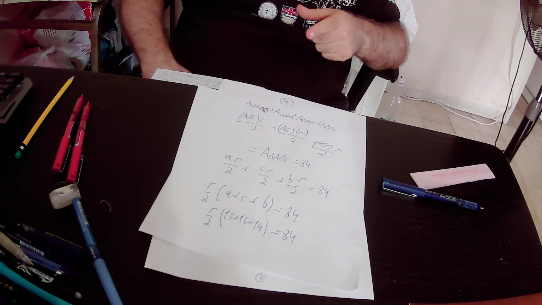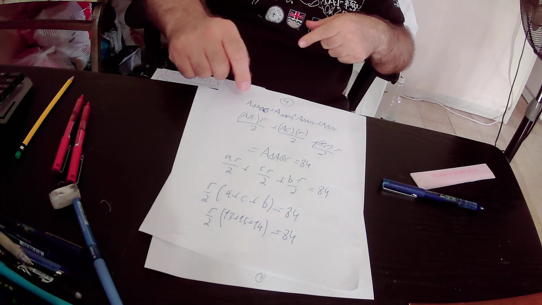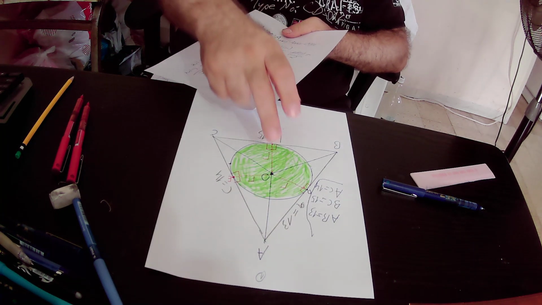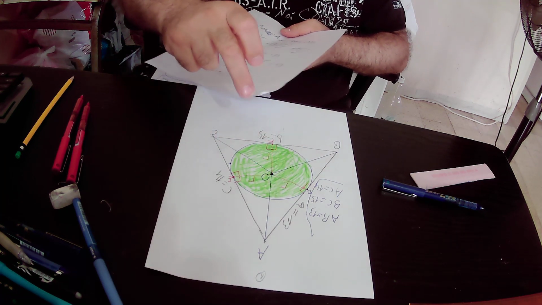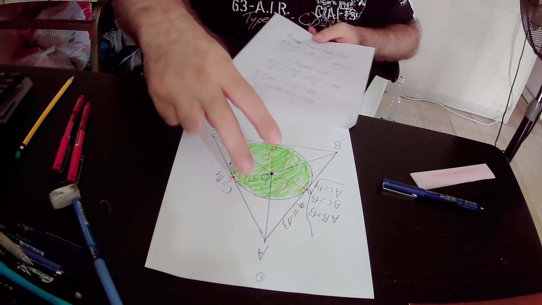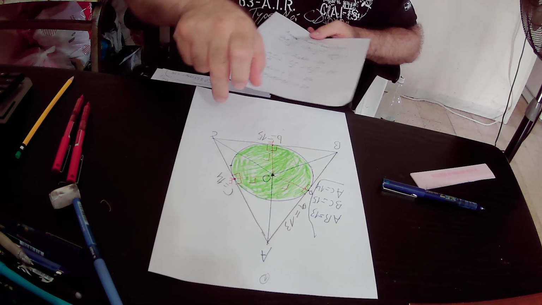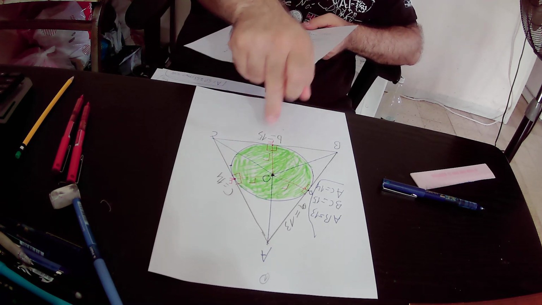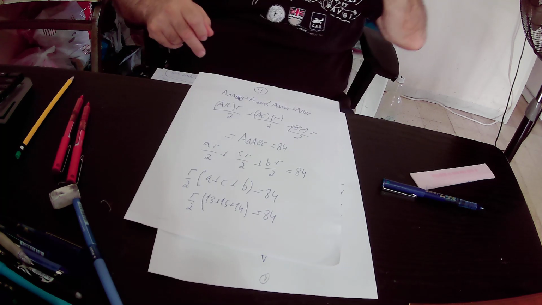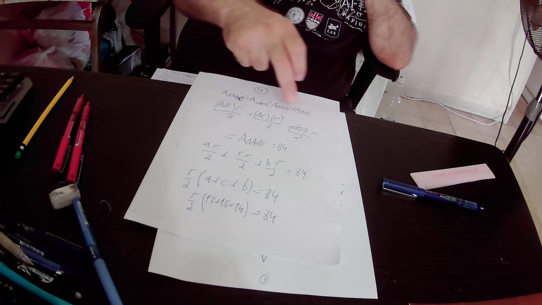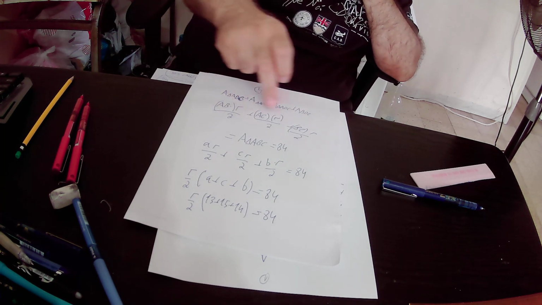And we know that AB equals A, that is 13 units, and AC equals C, equals 14 units, and BC, that is B, equals 15 units. So we know all the values of all the variables here.